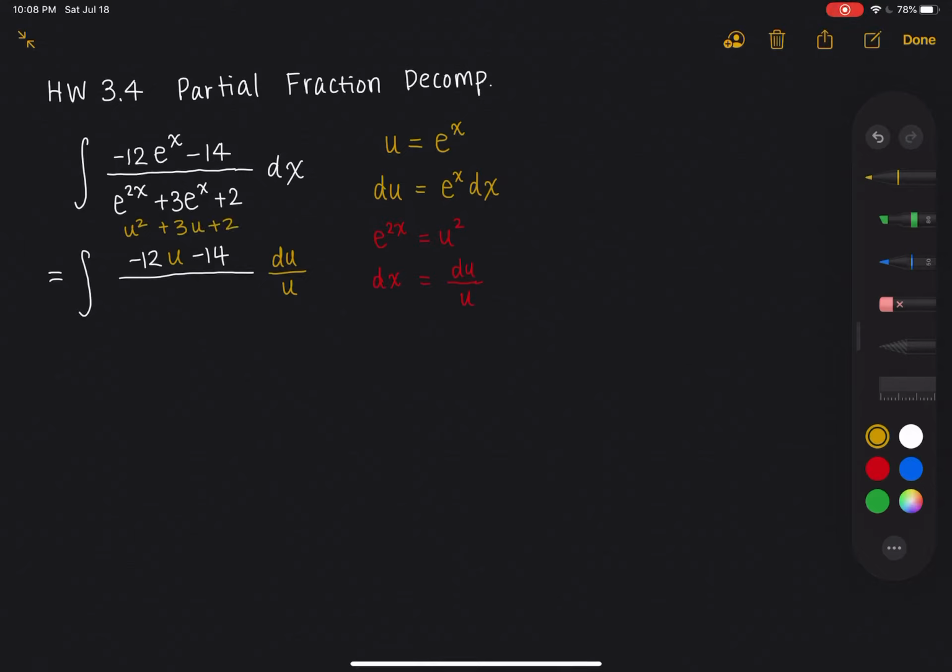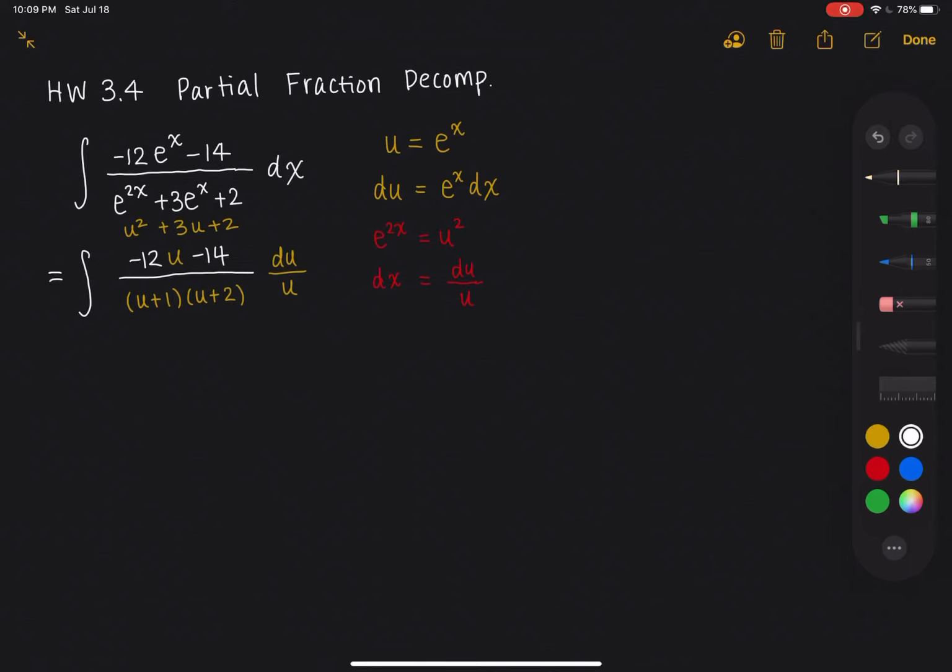For that one we can factor. We factor it out as u plus 1 times u plus 2. And if you're not sure how to factor, use the quadratic formula. So since it can be factored, this is what we have. And because we have 3 terms involving u in the bottom, we need to think about partial fraction decomposition.